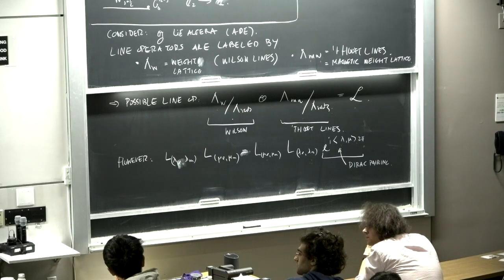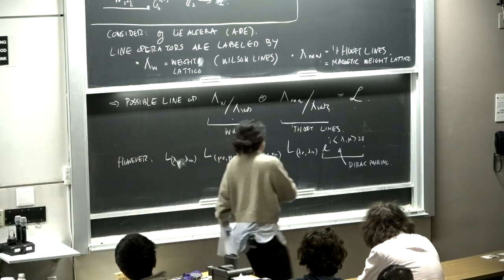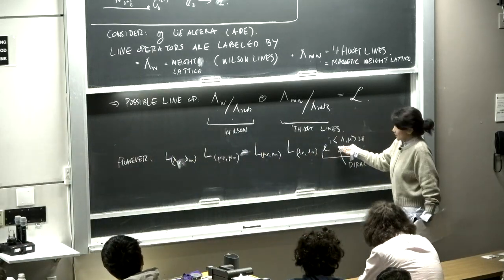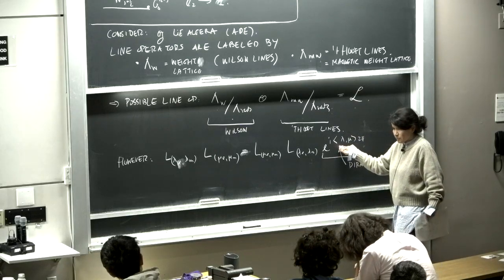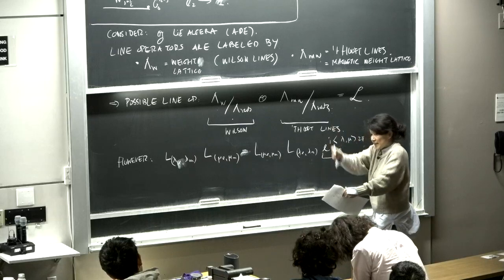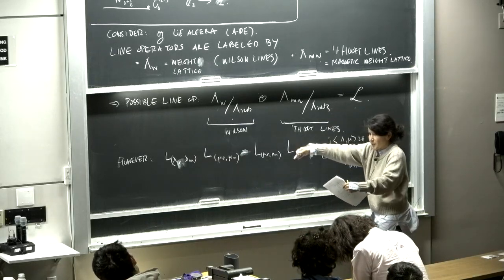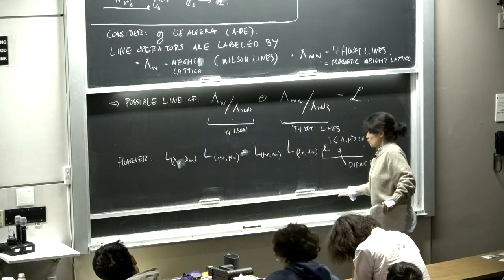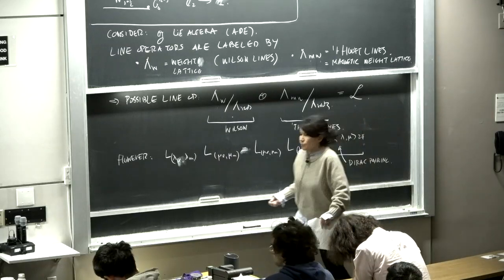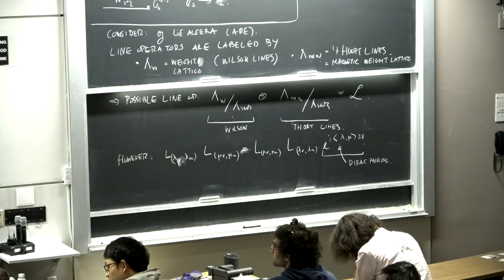I can move them around and pick up this phase. So in fact, I should consider only line operators where this phase is trivial, because otherwise, whenever I place these two lines in my space-time, it will depend on how I've placed them. Sorry, so you have the 2 lines, like the 2 sides of this equality? Yeah, the lines here. I can move them around.